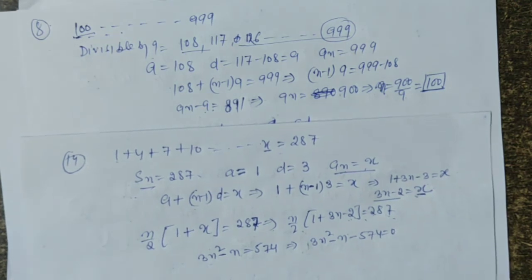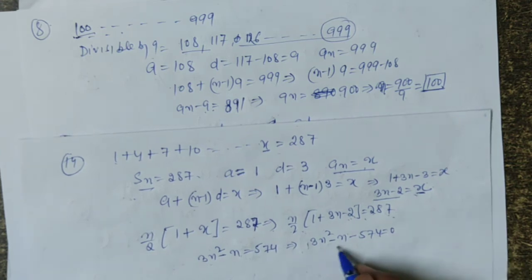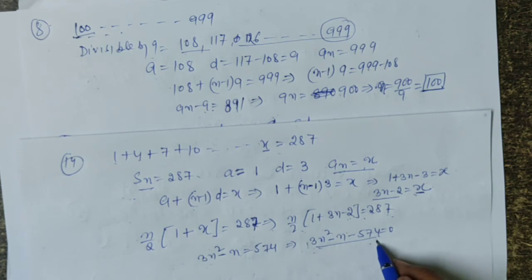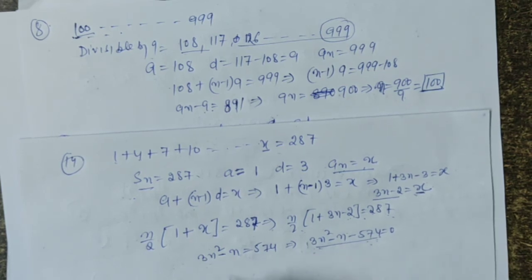Now this is a quadratic equation and you will make it factorize. To find the value of n, you apply the formula of discriminant.